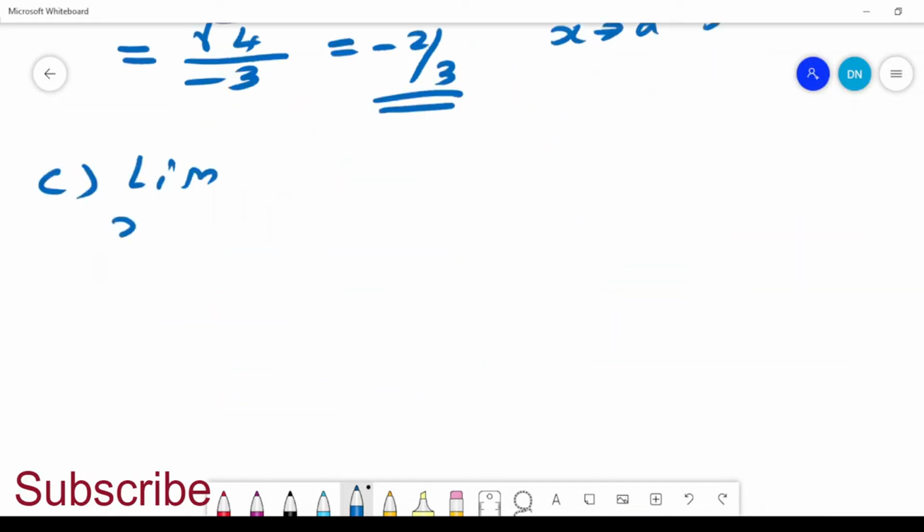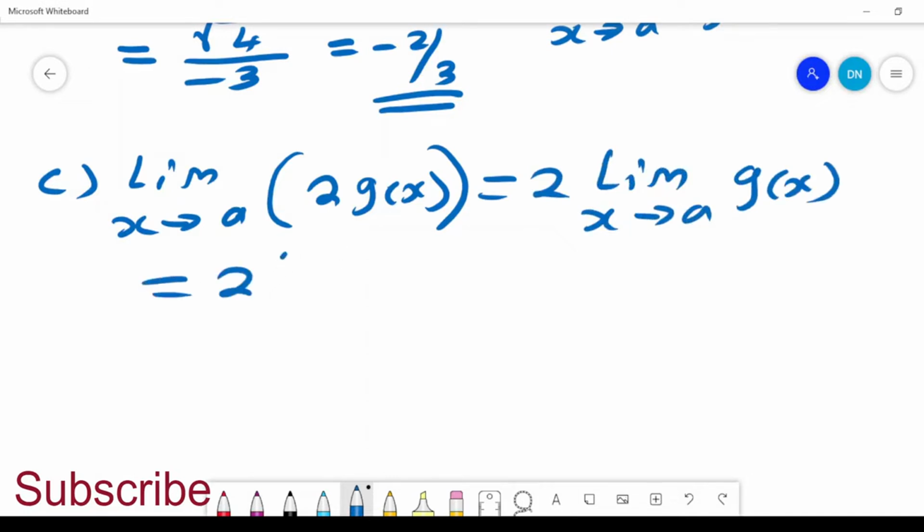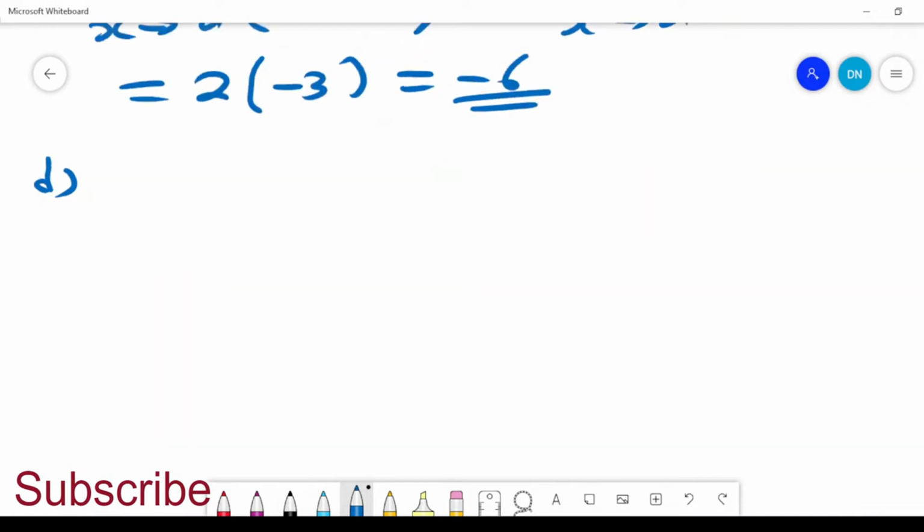Limit as x tends to a of 2 g of x will be equal to 2 limit as x tends to a of g of x, which is equal to 2 times negative 3, which is equal to negative 6.